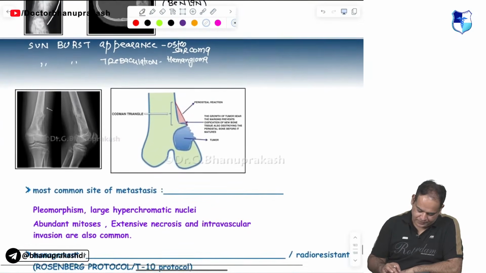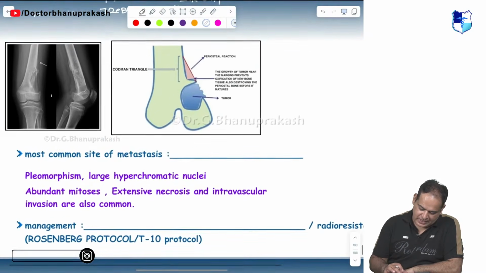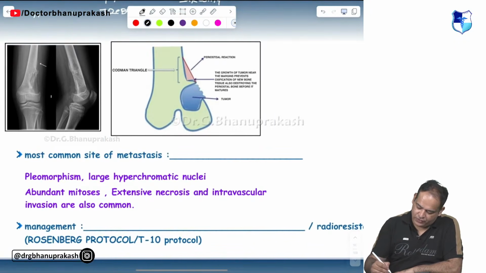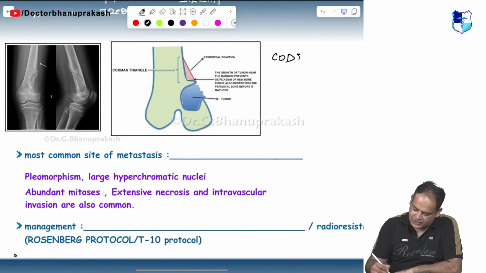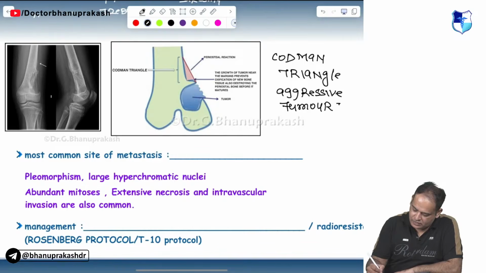Make no mistake. Now, in aggressive tumor, what do we get to see? We get to see Codman triangle. The Codman triangle is seen in aggressive tumor.